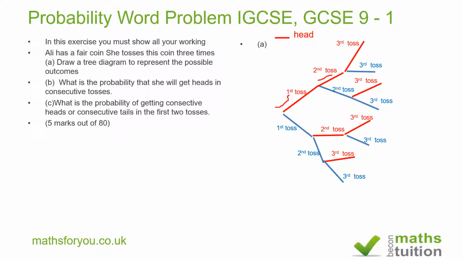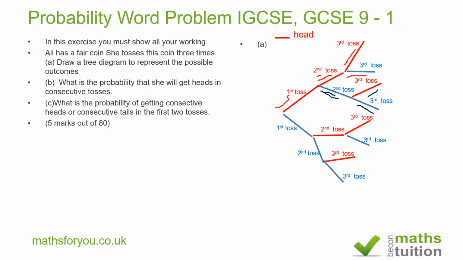Now if she had a head in the second toss, she might then get a head in the third toss or a tail in the third toss. And if she had a tail in the second toss, she might get a head in the third toss or a tail. Okay, so that's that branch.